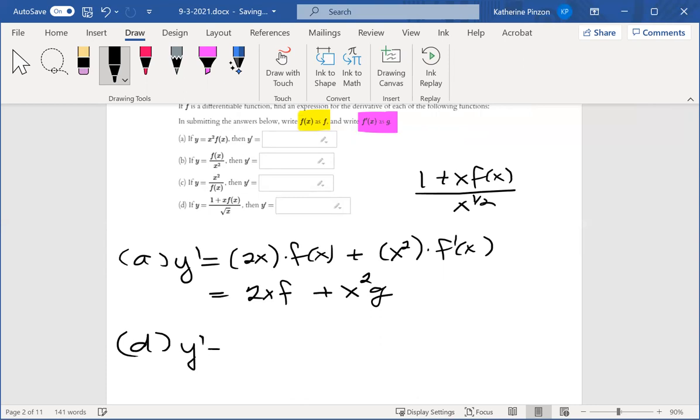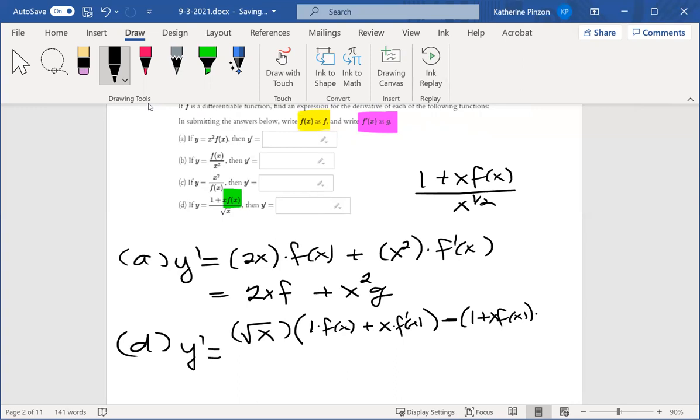Quotient rule says bottom, square root of x, times the derivative of the top. The derivative of 1 is 0. How do I take the derivative of this x f of x guy? Product rule. 1 times f of x plus x f prime of x, minus top, 1 plus x f of x, times the derivative of the bottom.